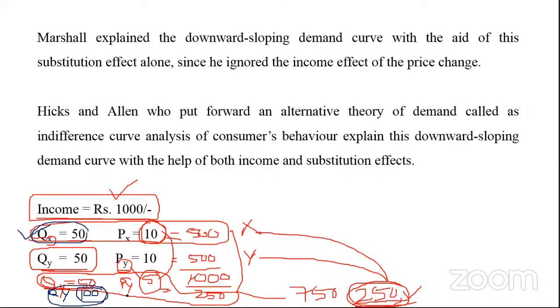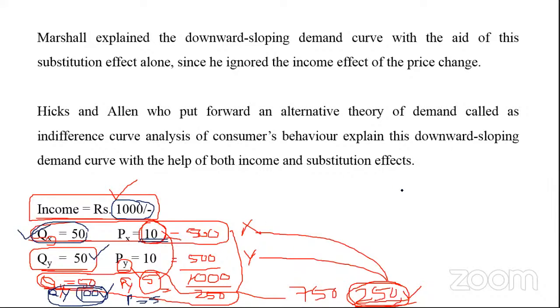When the price becomes 5 rupees and the budget remains the same, 1000 rupees, when prices were 10 rupees he had the ability to purchase only 50 units of Y. But when the price falls to 5 rupees, he can purchase 100 units of the good Y. Compared with the previous year, if he wanted to purchase 100 units of Y at 10 rupees, 10 into 100 becomes 1000 rupees.